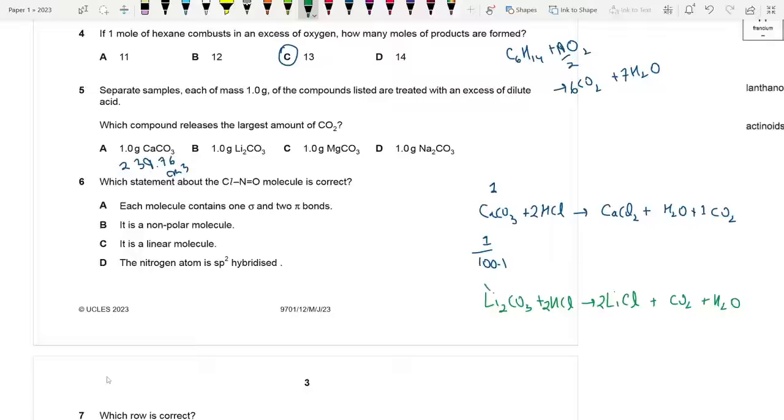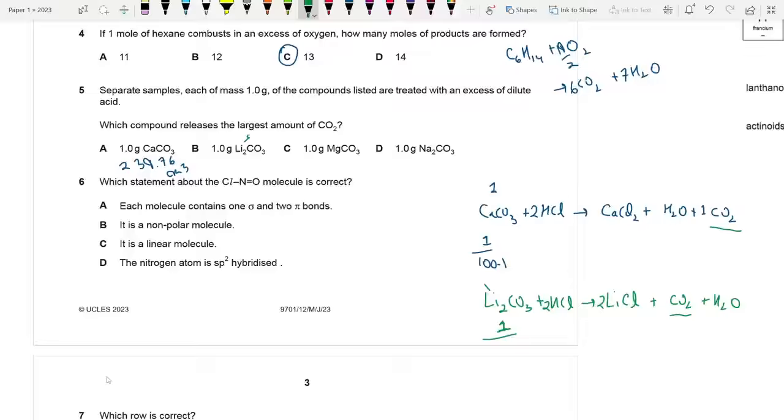So essentially it's the same thing. The balancing is going to be the same. We always have 1 mole of carbon dioxide. I meant to say, regardless of what carbonate we have, we'll have the same number of moles of carbon dioxide and the carbonate. Now to find that out, we just need to do mass over MR.